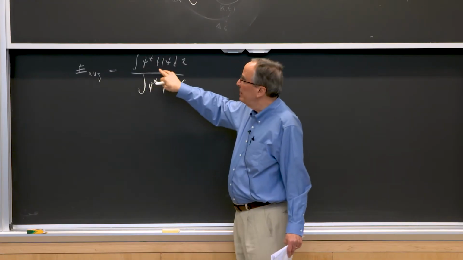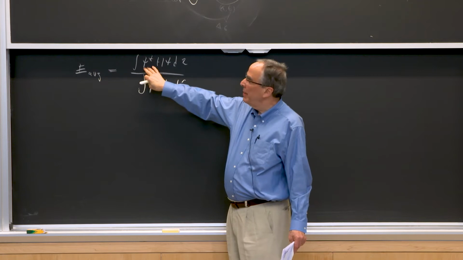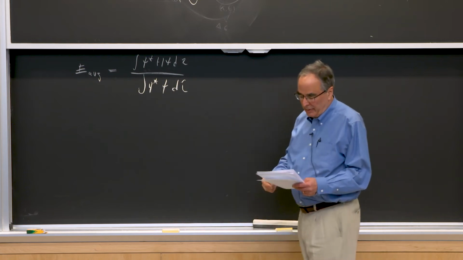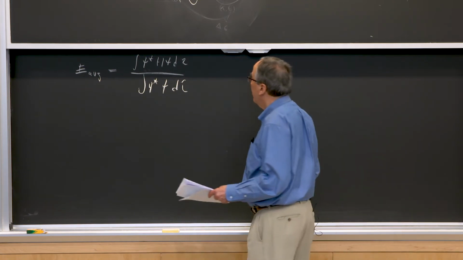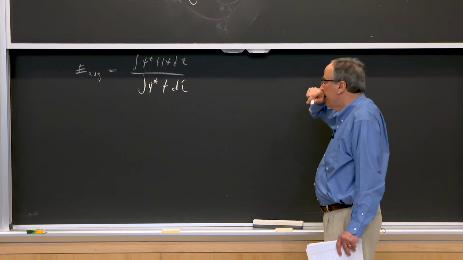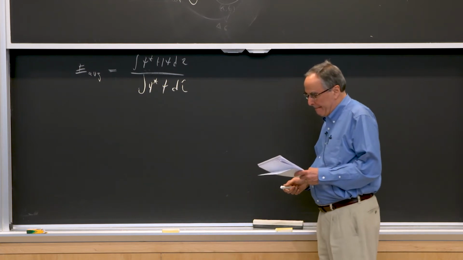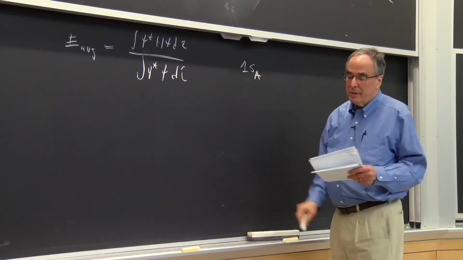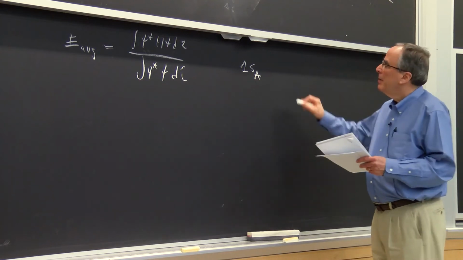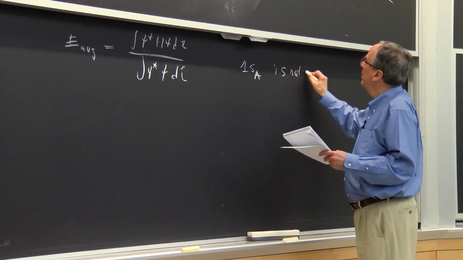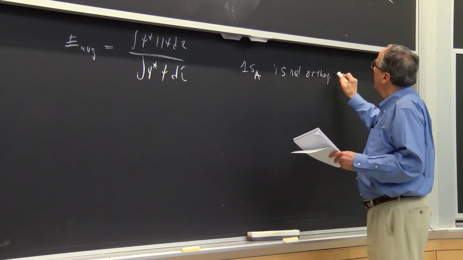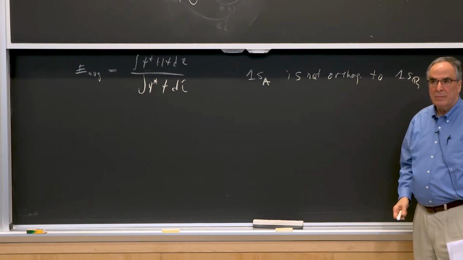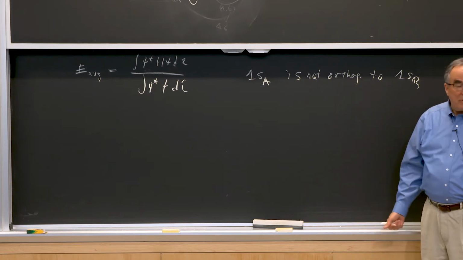And if we're writing these things as C1 1sa plus C2 1sb, then we end up getting stuff that we know how to calculate. Now, this orbital 1sa is not orthogonal to 1sb. It can't be.